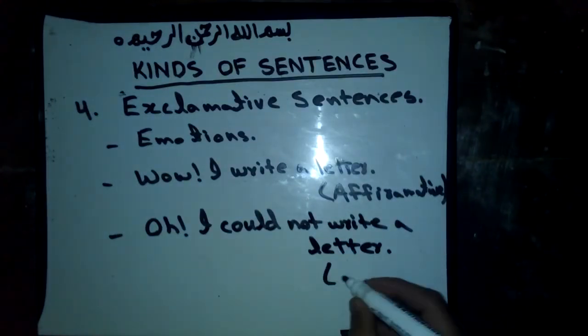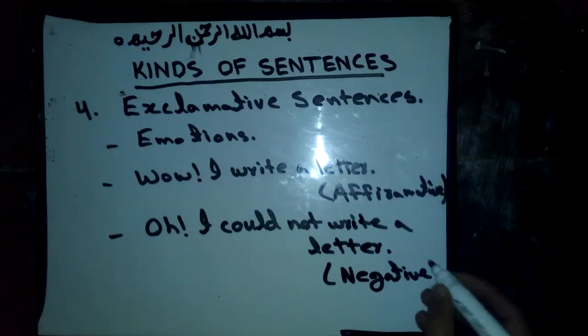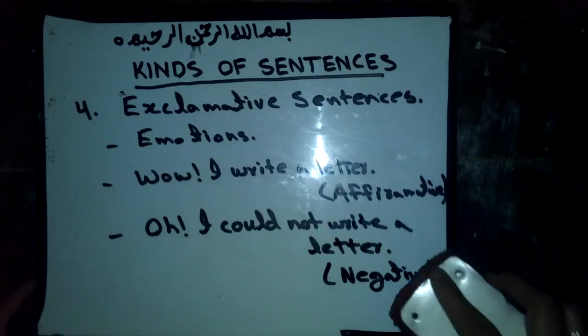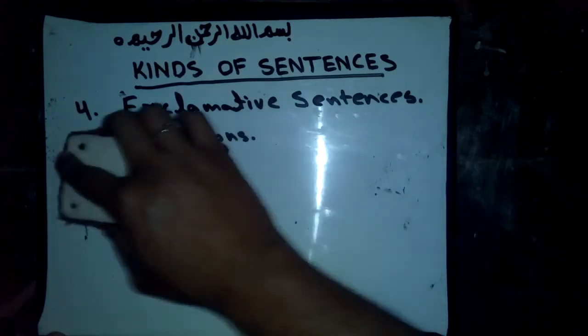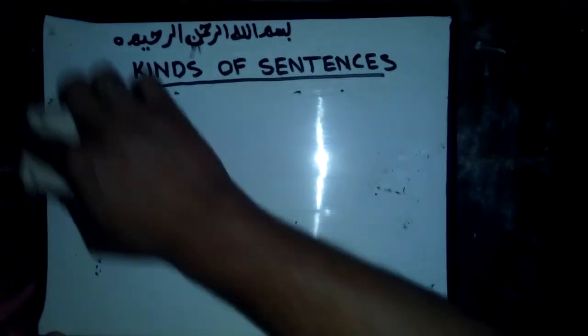It is its negative form. So these were 4 kinds of sentences. Now I am going to repeat these 4 kinds.